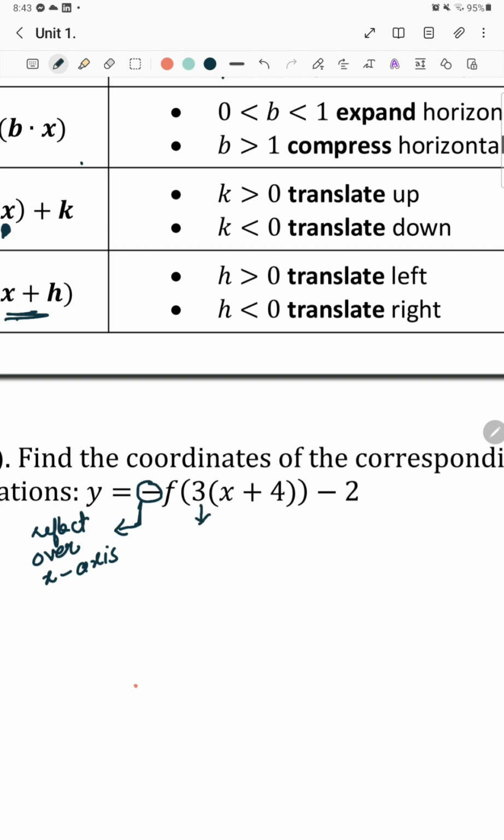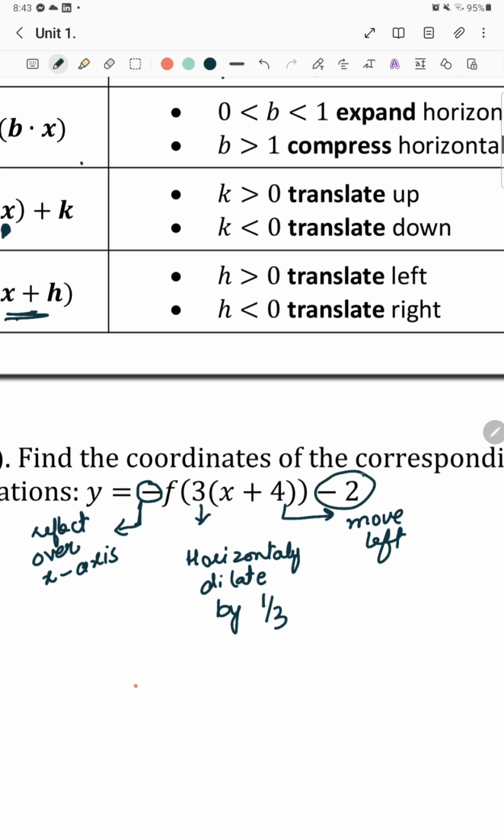This 3 means horizontally dilate by 1 by 3, and the 4 means plus 4 moves left, negative 4 moves right, and this negative 2 means move down.